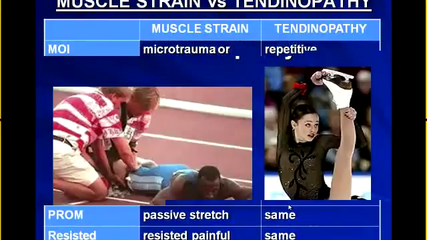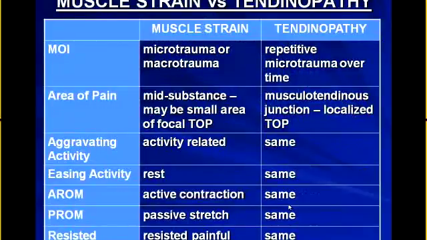How will we know the difference? Muscle strain can happen from overuse over time, so microtrauma, or there could be a single traumatic event. Tendinopathy tends to be more often microtrauma over time, so repetitive overuse of a muscle. One of the differentials is that muscle strains could be caused by trauma, where tendinopathy tends not to be.